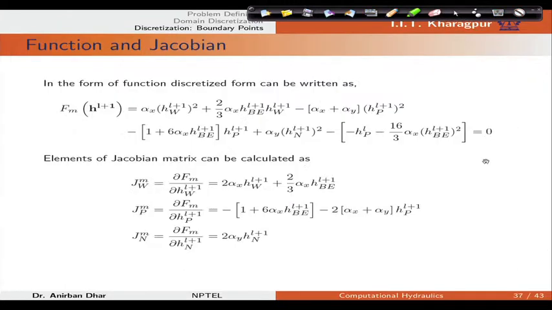Again we can get equivalent function form.